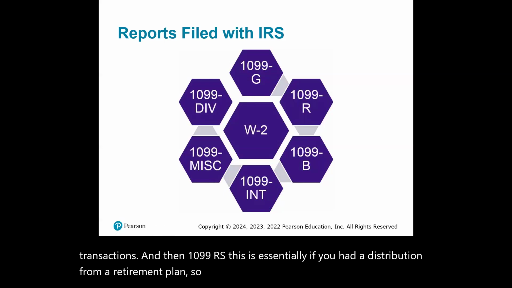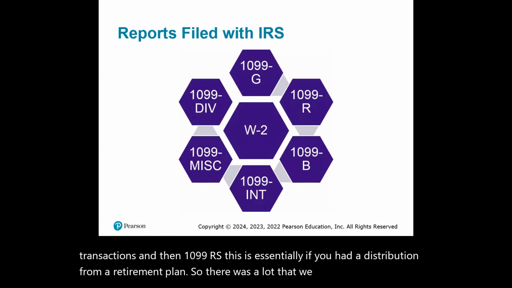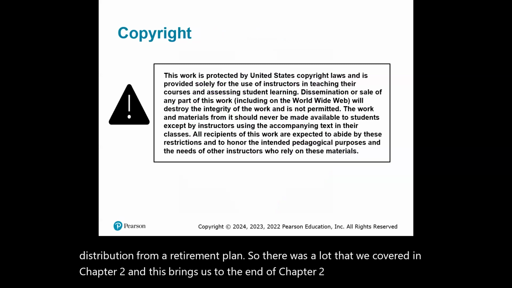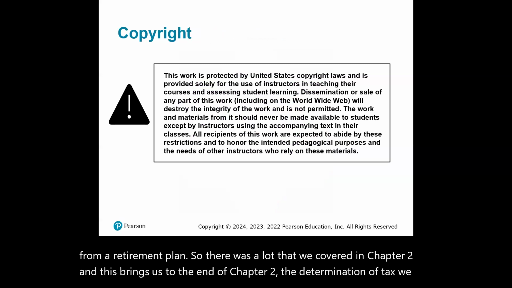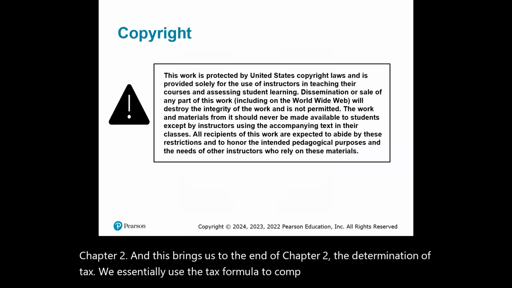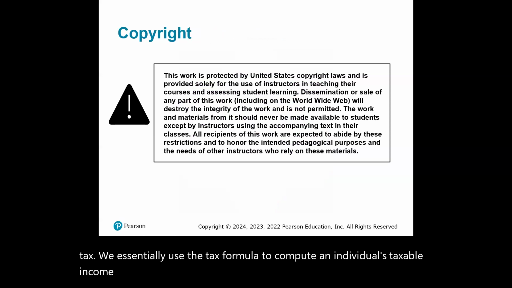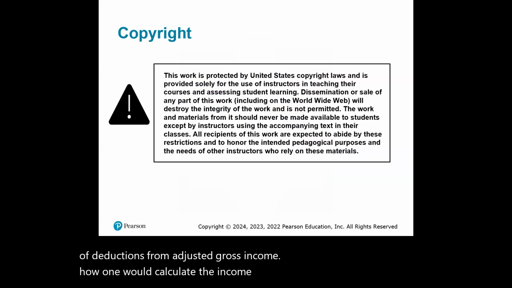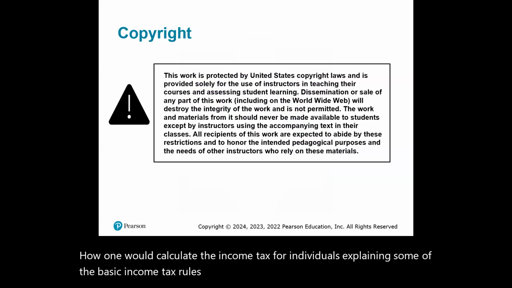There was a lot that we covered in chapter 2, and this brings us to the end of chapter 2, the determination of tax. We used the tax formula to compute an individual's taxable income. We looked at how we determine the amount of deductions from adjusted gross income, how one would calculate the income tax for individuals, and some of the basic income tax rules relating to business entities.